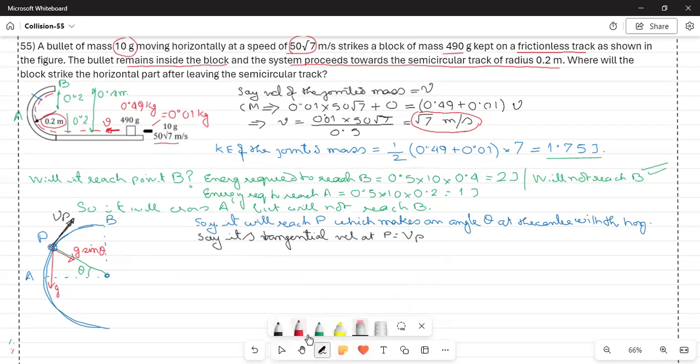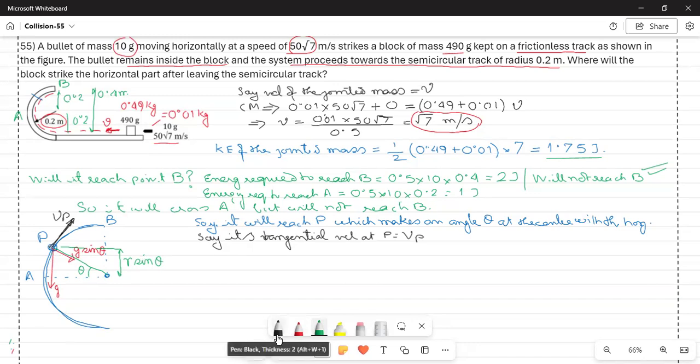Since this is the radius, this height is r sine theta. And of course, this distance is r cos theta, we will not need this. This height is r sine theta.